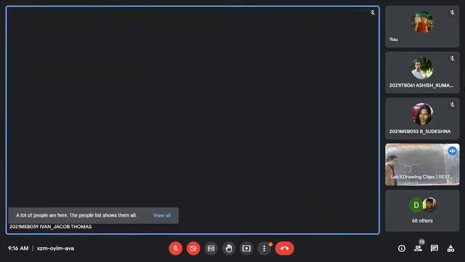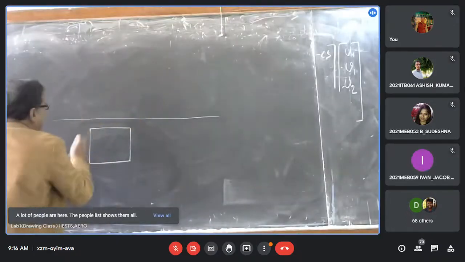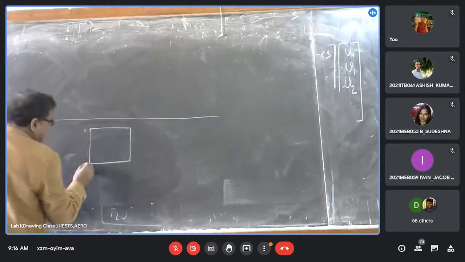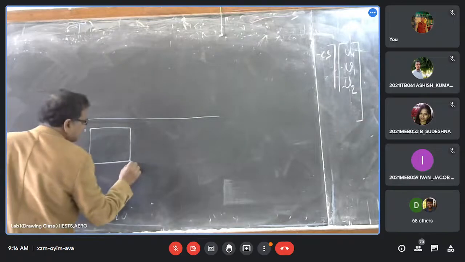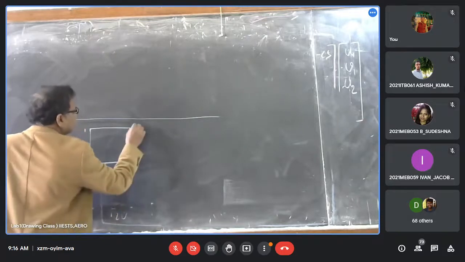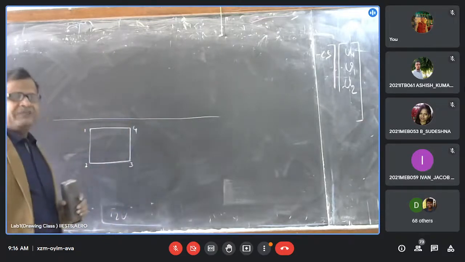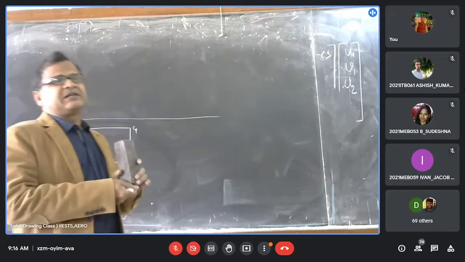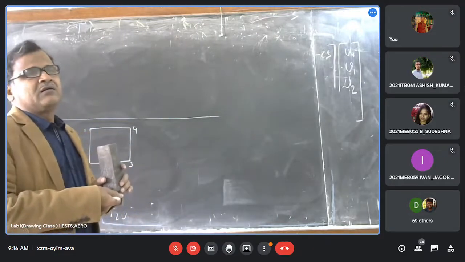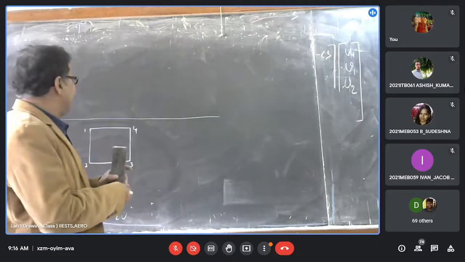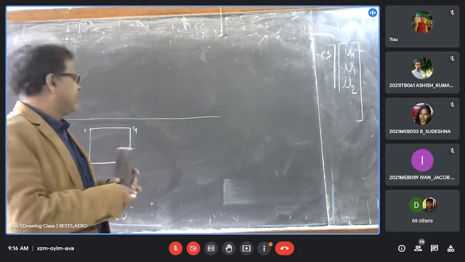2. So now if we start from here, this is 1, 2, 3, 4. I am telling you, on the bottom side it is an alphabetic name, and on the top side a numeric value.